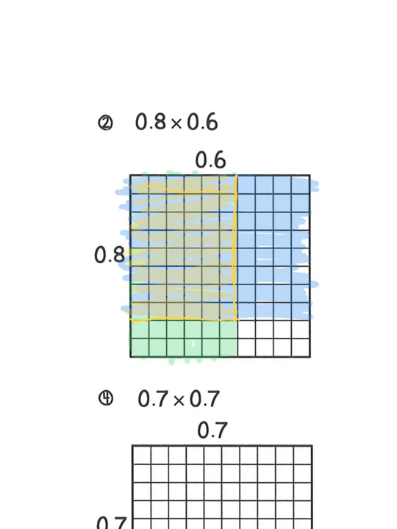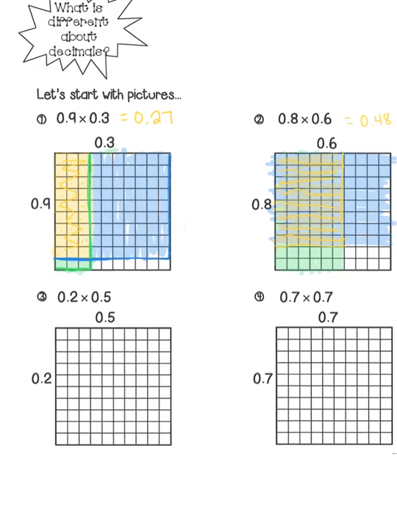So 6, 12, 18, 24, 30, 36, 42, 48. So I have 48 little boxes. Remember, those boxes are each 1/100th. So if I have 48 of them, that means I have 0.48 or 48 hundredths.